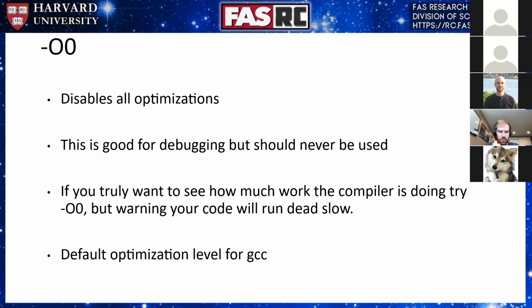So you can see how much work your compiler is doing for optimization. It does a lot of work. By the way, O0 is the default optimization level for GCC. So you never want to run GCC without specifying an optimization level, because otherwise it will just throw in O0, and it's going to run dead slow. So just be aware of that for GCC if you're using it.